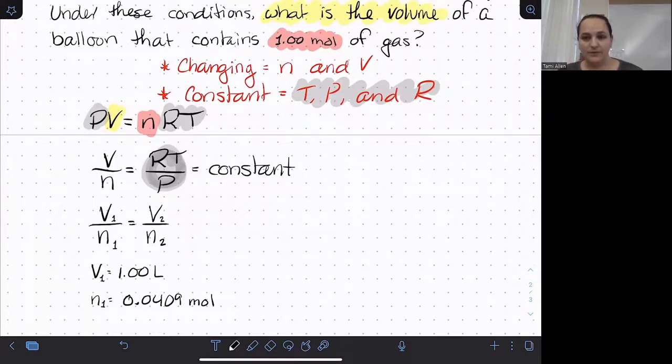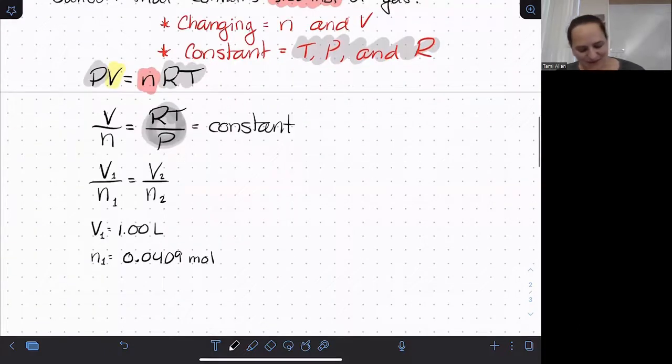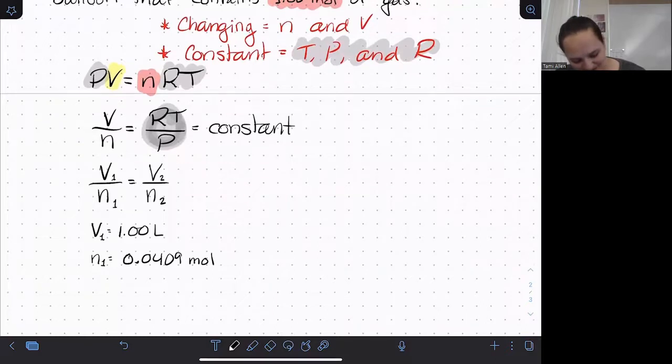So that number of moles and that volume are at the same point of existence, the same point in time. What we are looking to determine is what will the volume be when there is 1 mole of gas in that balloon. So V2 is what we're looking to solve for here.